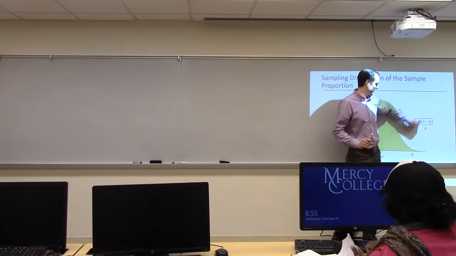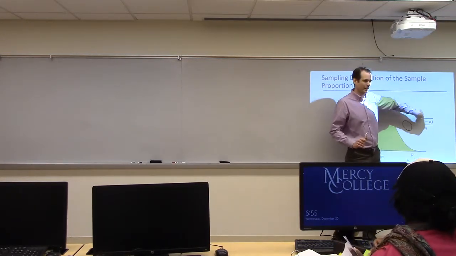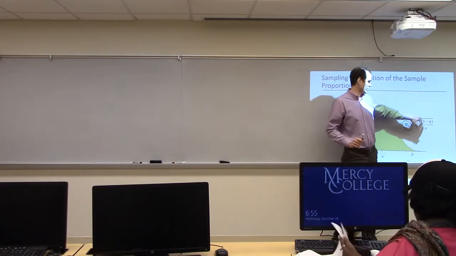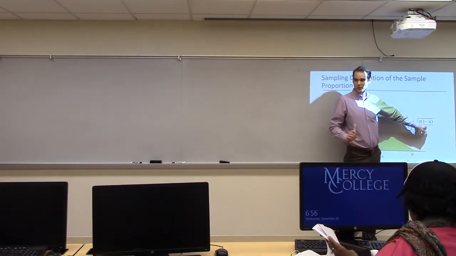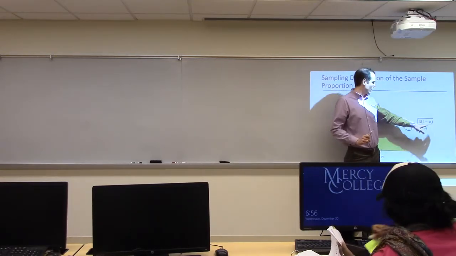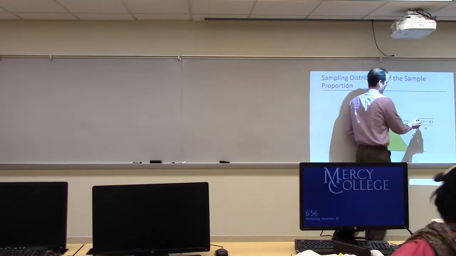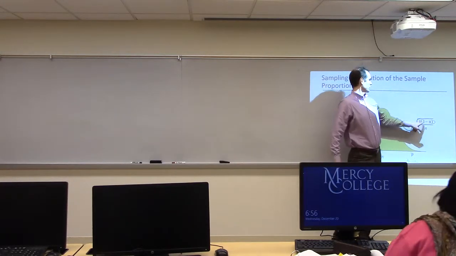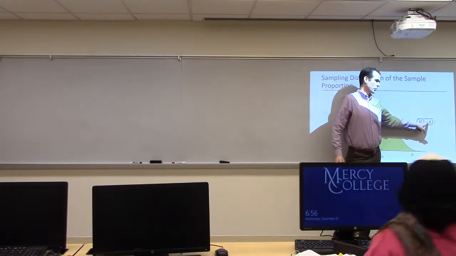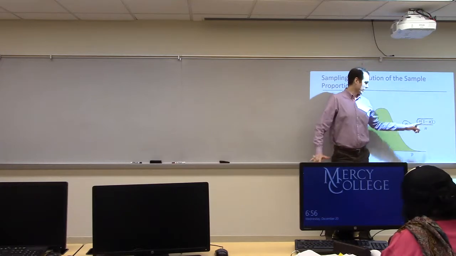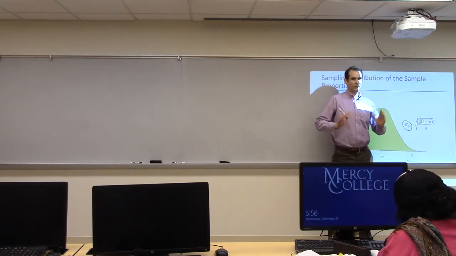I'm going to tell you kind of why this is the way it is, but when you need the standard error, you're just ultimately going to use this equation and crunch it out. Make sense? Okay, so let's look at this top part here. This population proportion times 1 minus the population proportion, that is going to be bigger when the proportion is closest to 50%.